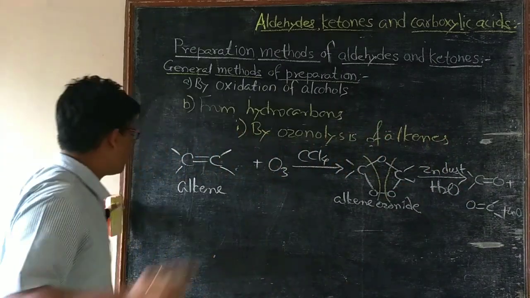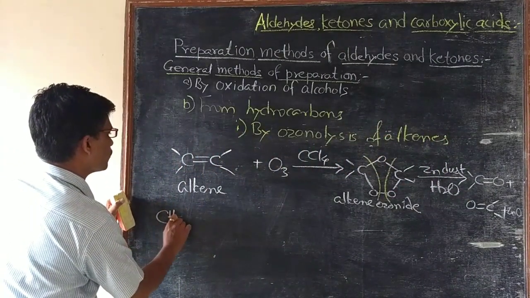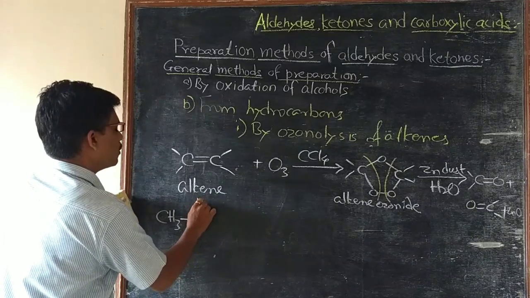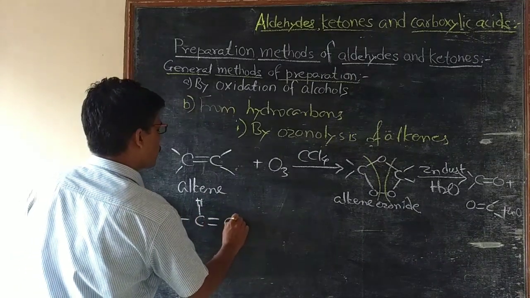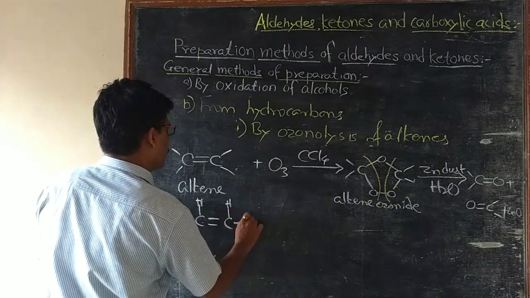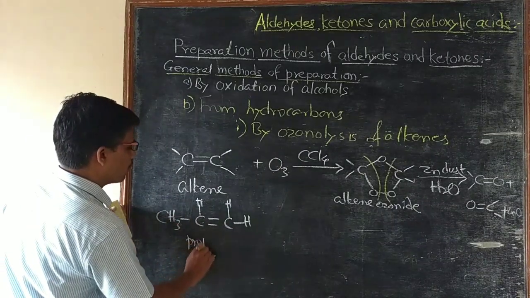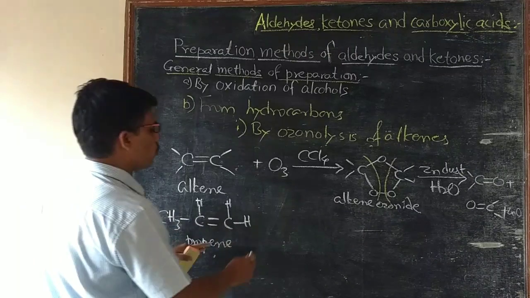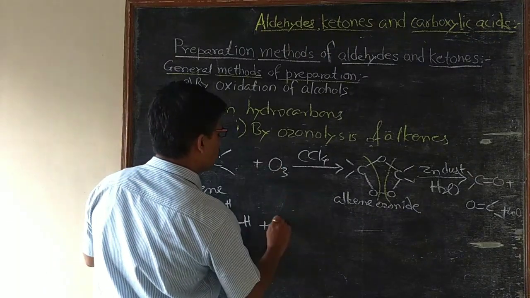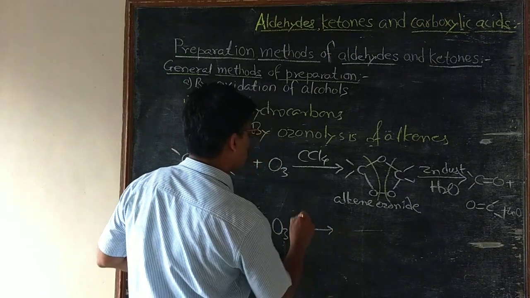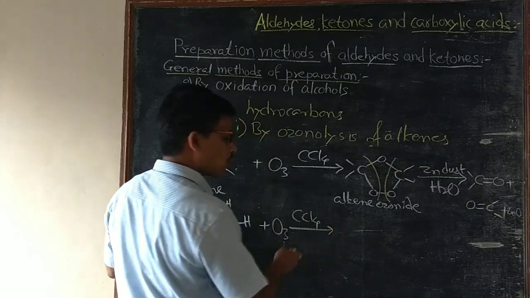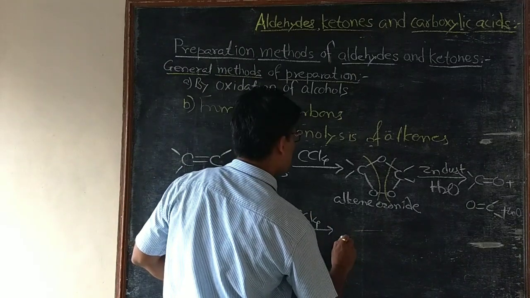For example, it is propene. Propene, when it reacts with ozone in presence of an inert solvent, forms propylene ozonide.